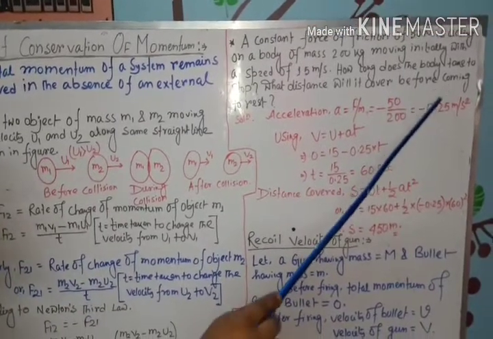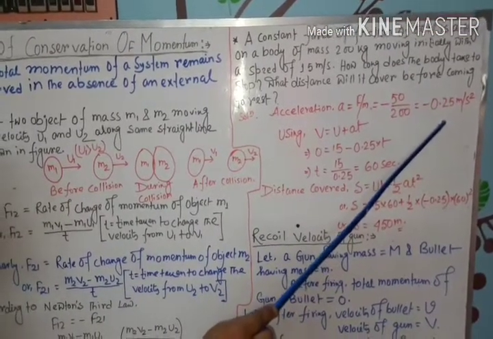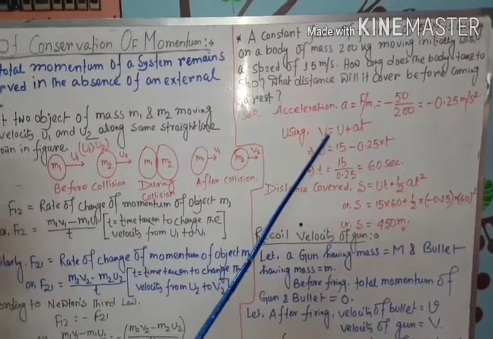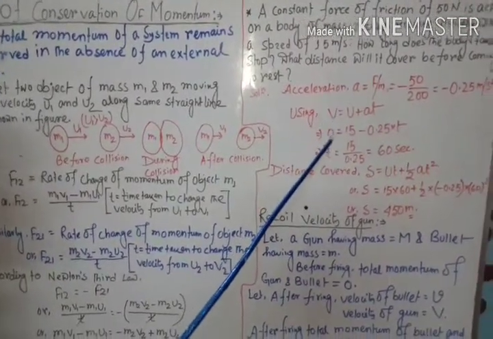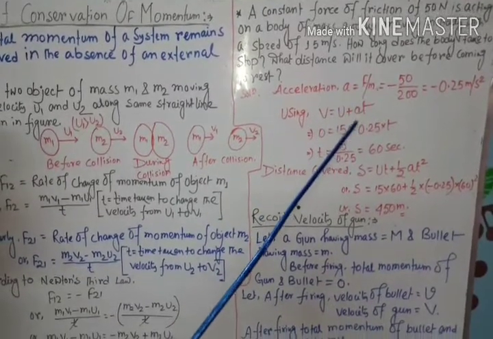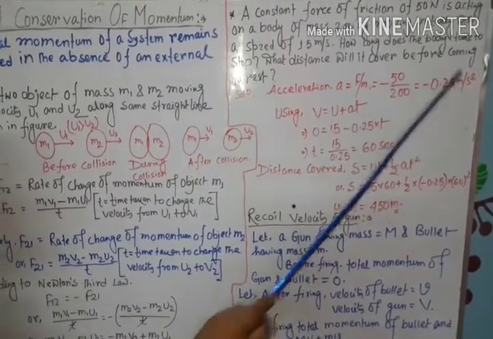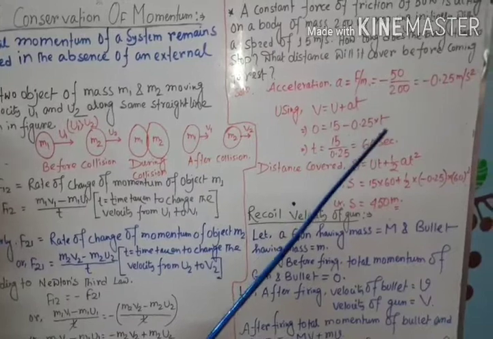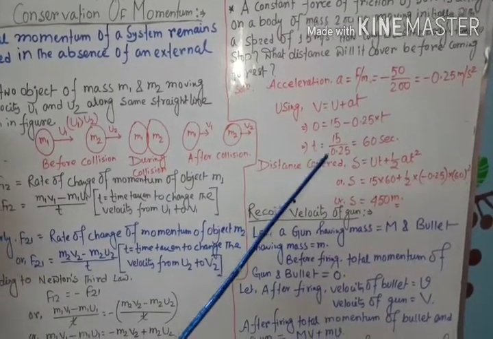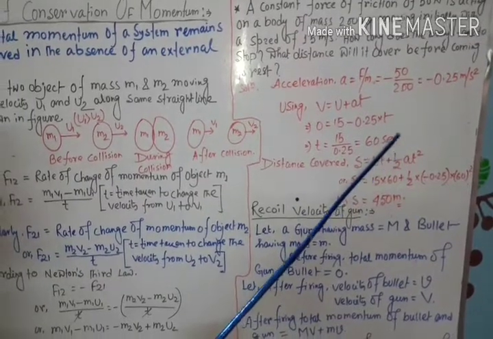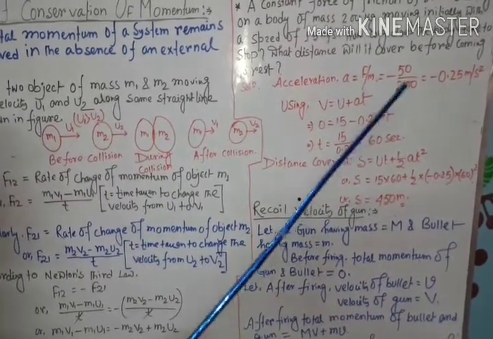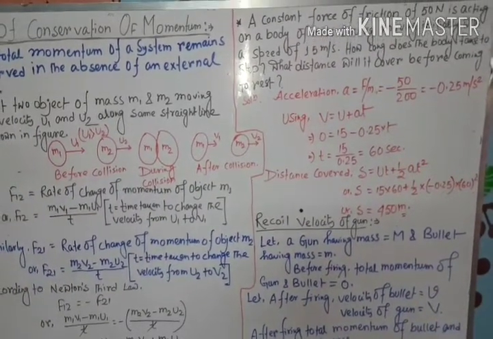Now to determine the time to stop, you have to use the formula v equal u plus at, because v is 0, u is 15, a is minus 0.25, and time you have to determine. So therefore time equals 15 by 0.25 equals 60 seconds. Now you have to determine the distance covered by the body before coming to rest.